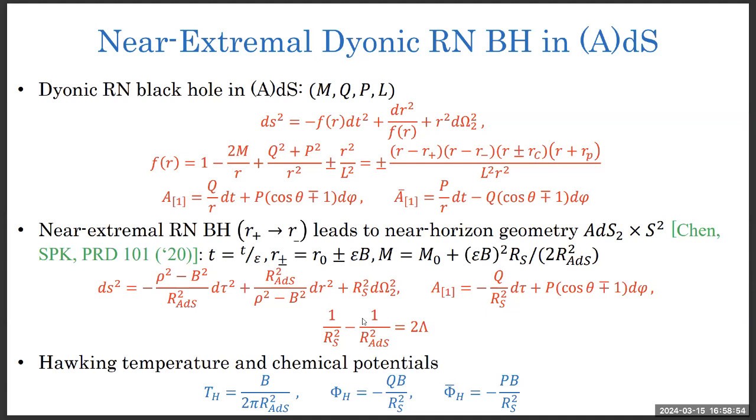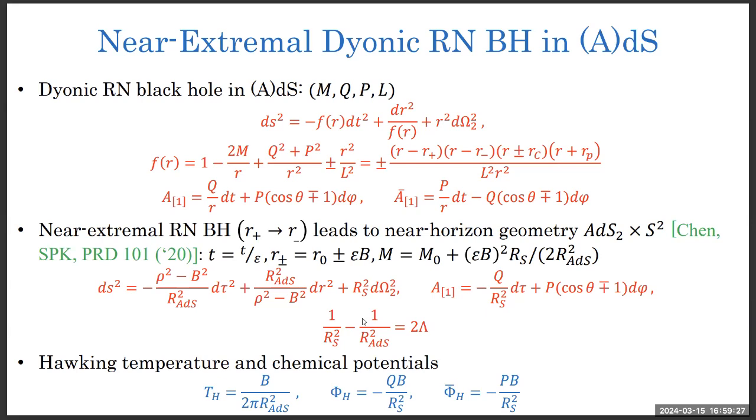That is like looking at the horizon area using a kind of microscope, just amplified. Then the near horizon geometry looks like AdS. Yes, the first two terms, that is AdS2. The second term, that is S2. So the near extremal RN black hole has exactly AdS2 cross S2.